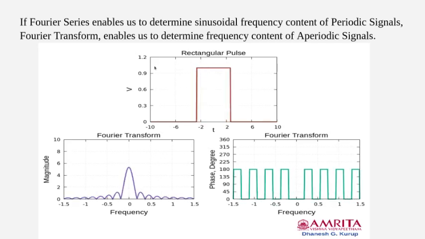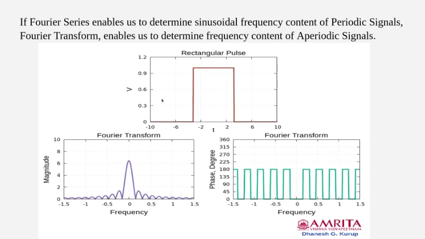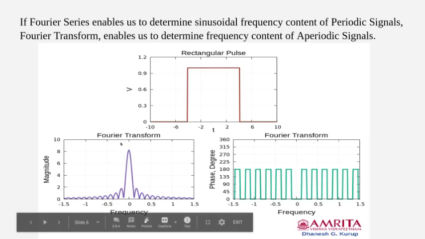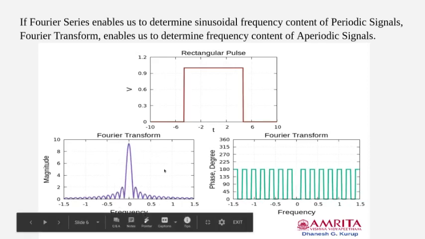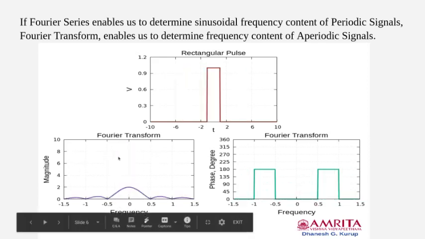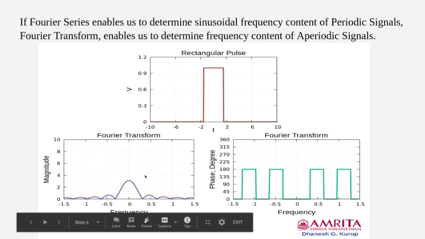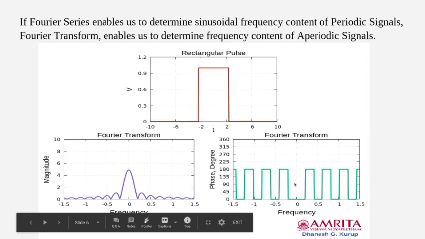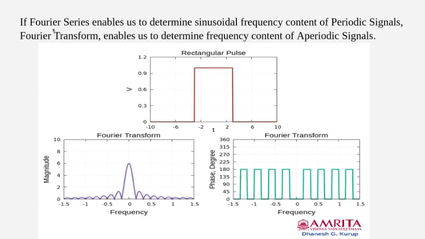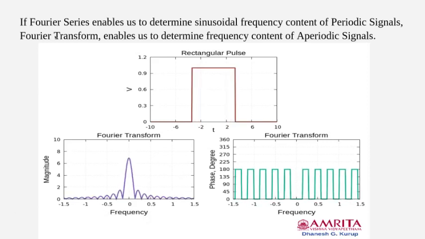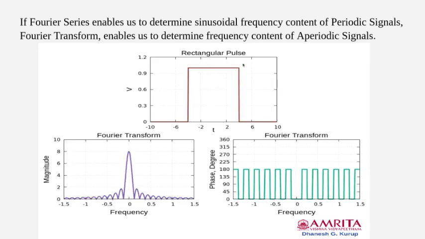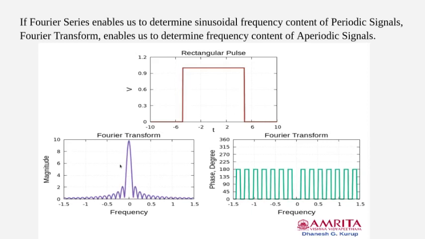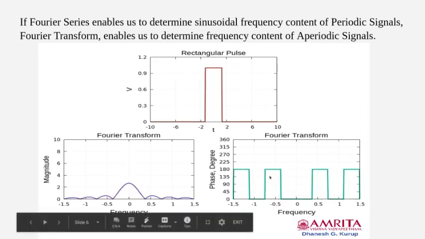The first picture on the top shows the rectangular pulse in the time domain, and this is the magnitude spectrum of the Fourier transform on the left side, and on the right side you can see the phase spectrum of the Fourier transform. So the Fourier transform enables us to translate a time domain, aperiodic signal into amplitude and phase spectrum.